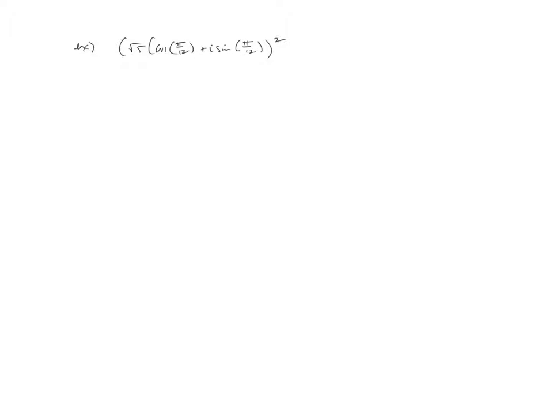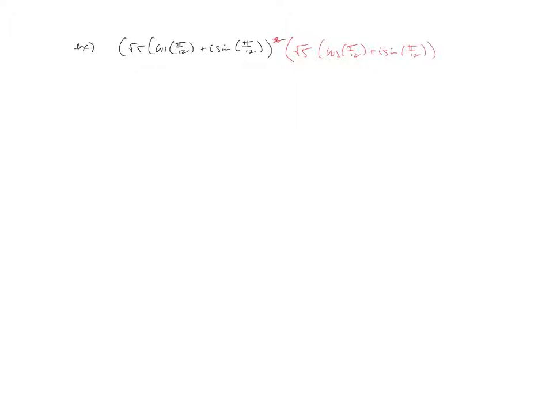All right, in the first example, we've got root 5 (cosine pi over 12 plus i sine pi over 12) squared. And this really is a product because it's squared, so it's the entire base multiplied by itself twice. If you don't like seeing it like this, you can rewrite it as root 5 (cosine pi over 12 plus i sine pi over 12) times root 5 (cosine pi over 12 plus i sine pi over 12).